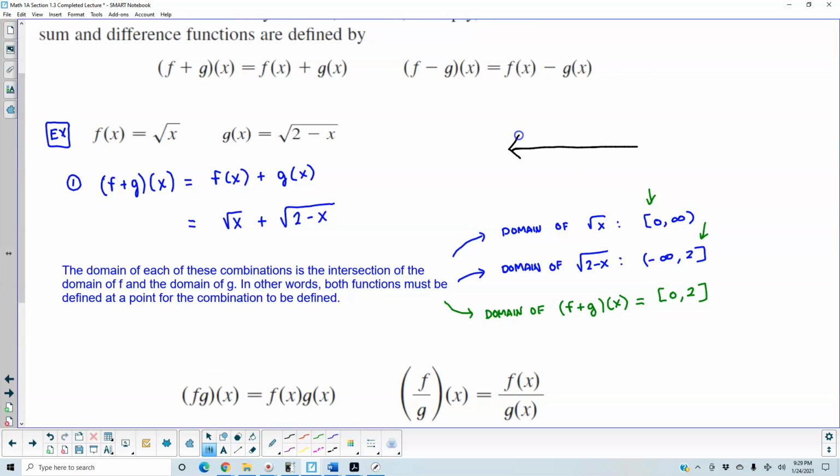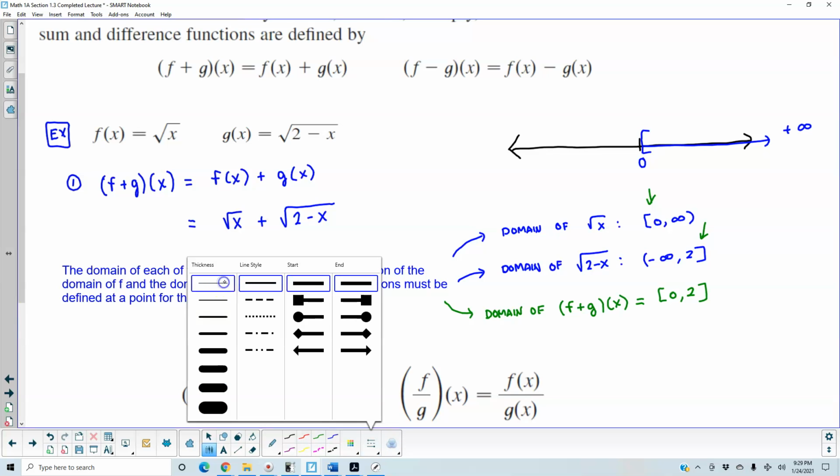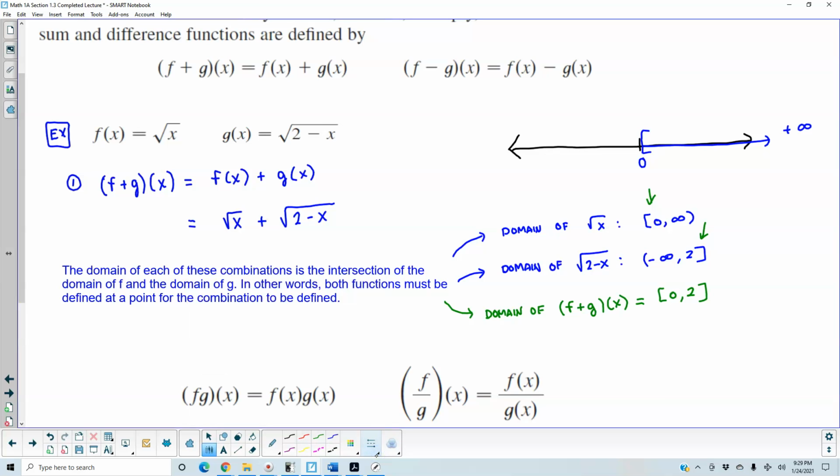Okay, so if I have the graph, and let's see that here we have 0, and this bracket is going towards positive infinity. And then we have negative infinity going all the way to 2.